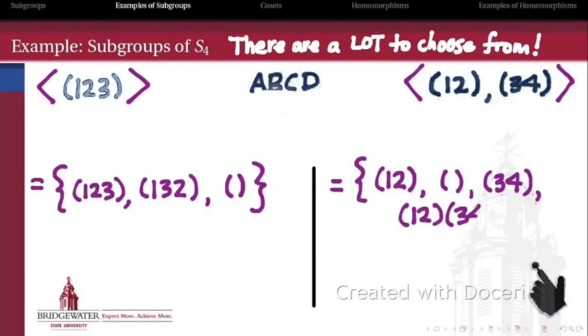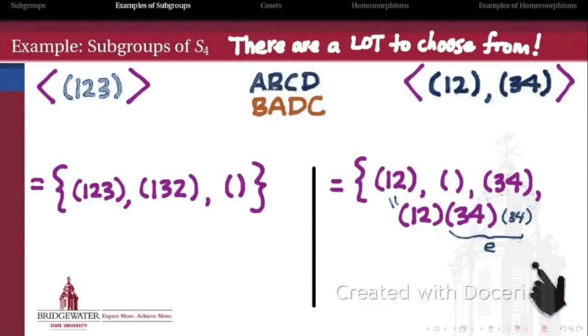But then because this is a subgroup, we also need it to be closed under multiplication. So we need (1 2) composed with (3 4) to belong to this subgroup as well. That turns ABCD into BADC. But then because of closure, we also need that element composed by (1 2) on the left to belong to the group. If we compose it by (1 2) on the left, we get just plain (3 4). We also need that element composed by (3 4) on the right to belong to the group.